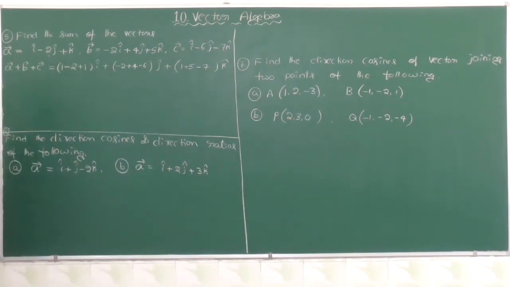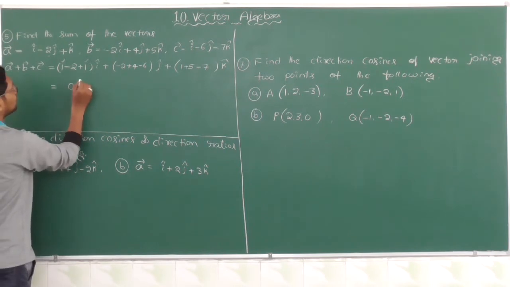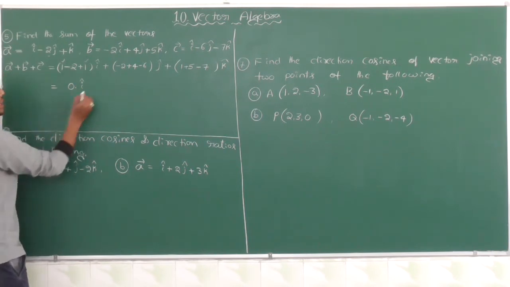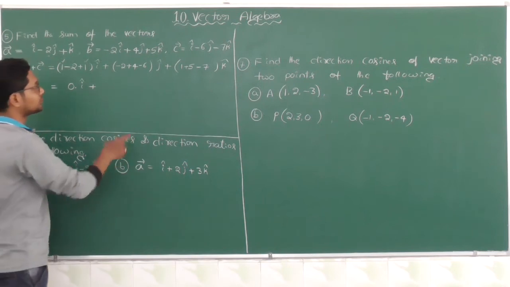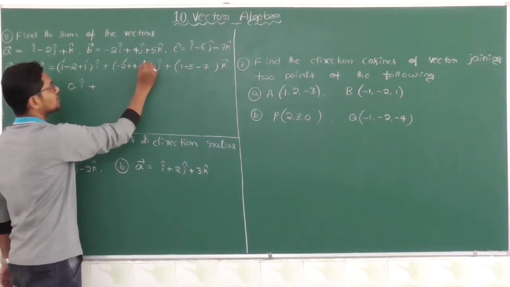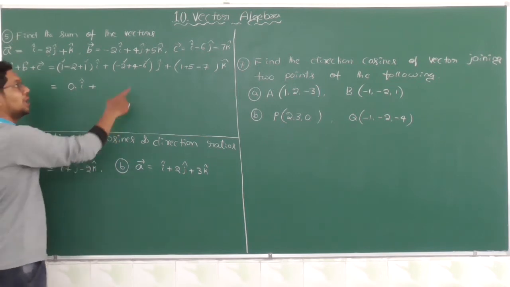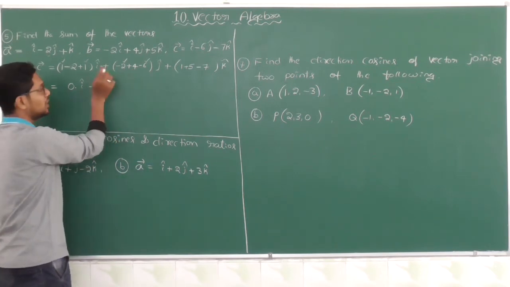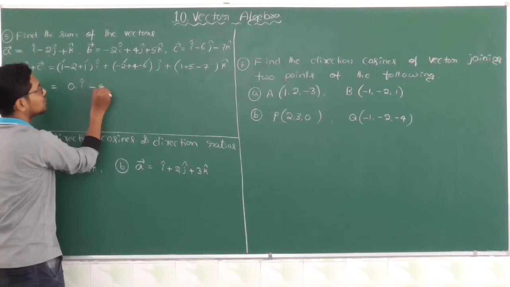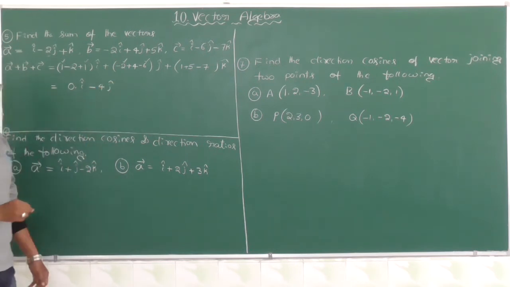That is equal to 1 plus 1, 2; 2 minus 2 is 0. That is 0 i cap. Plus next, minus 6, minus 2, minus 6 is how much? Minus 8. Minus 8 plus 4 is minus 4, that is minus 4j cap.